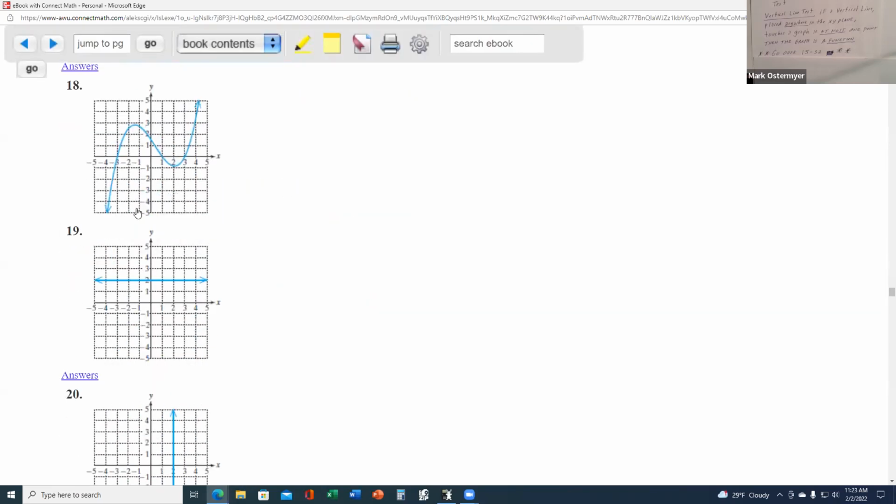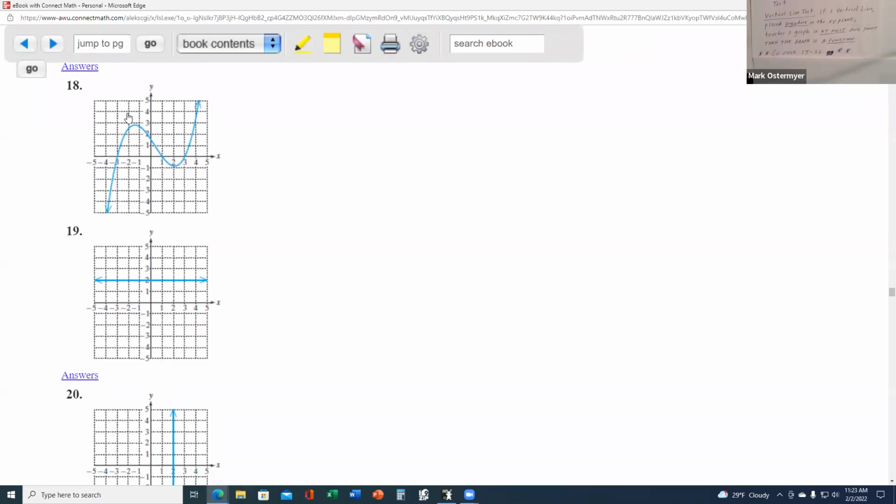How about number 18? It looks like these branches become vertical, but they don't. They constantly move further and further away from the y-axis as this one moves upward and this one moves downwards forever. So this would be a function.